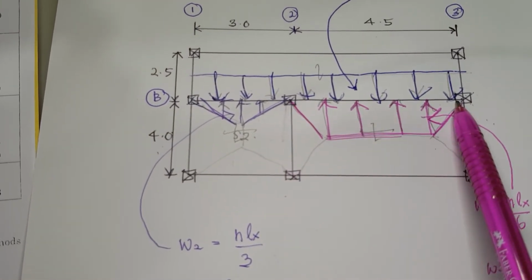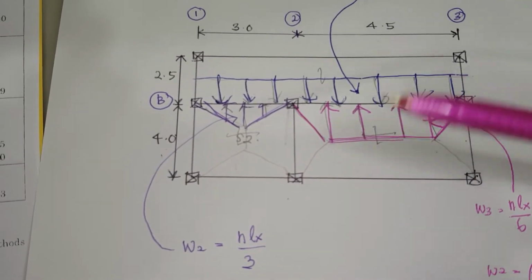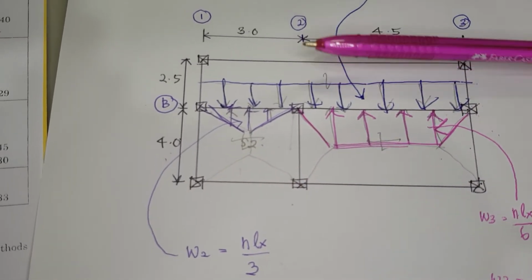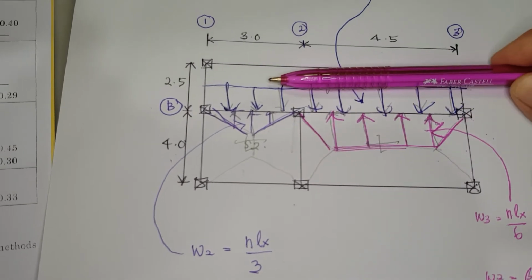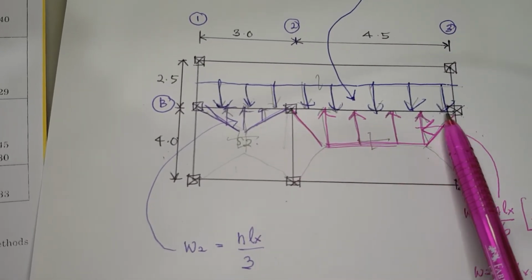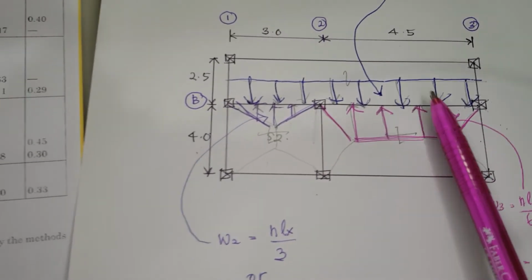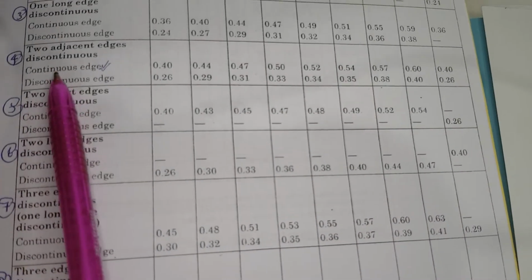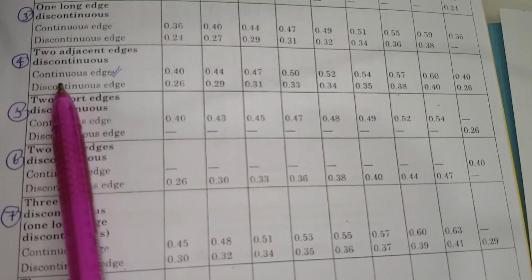And this is the beam. This beam is continuous with the other floor. This floor and this floor are continuous, and in between is this beam. So this is continuous, so we select continuous edge.